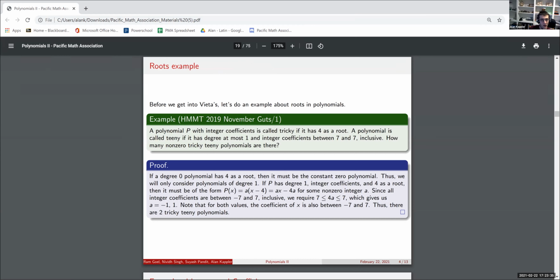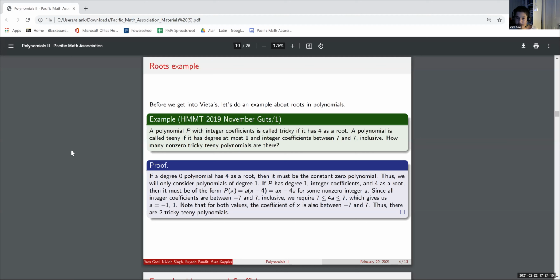By the way, I didn't get the first part. If a degree zero polynomial has 4 as a root. The key thing is our polynomial has to have a degree of at most 1. In addition to being ax plus b, it could be just b as a degree 0 polynomial. So the question is, for a degree zero polynomial, what are its roots? Like Alan said, a degree zero polynomial is simply a constant function.